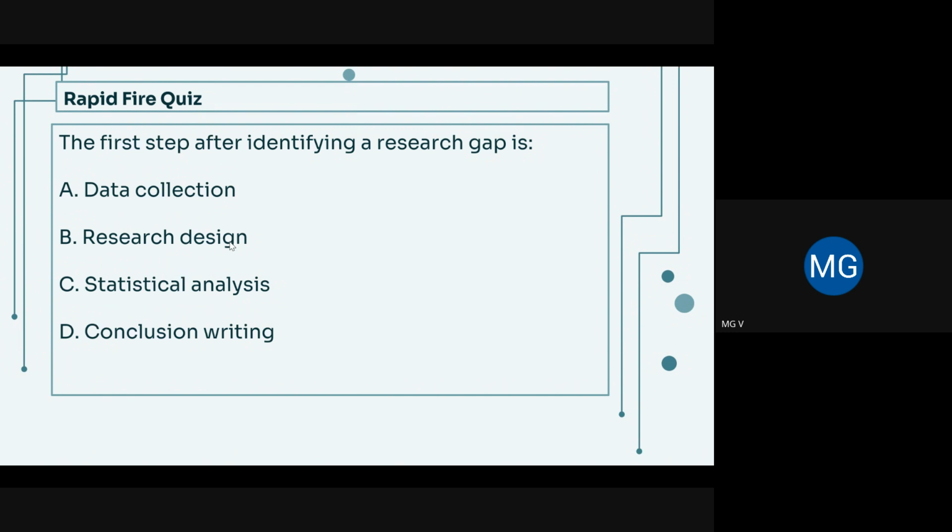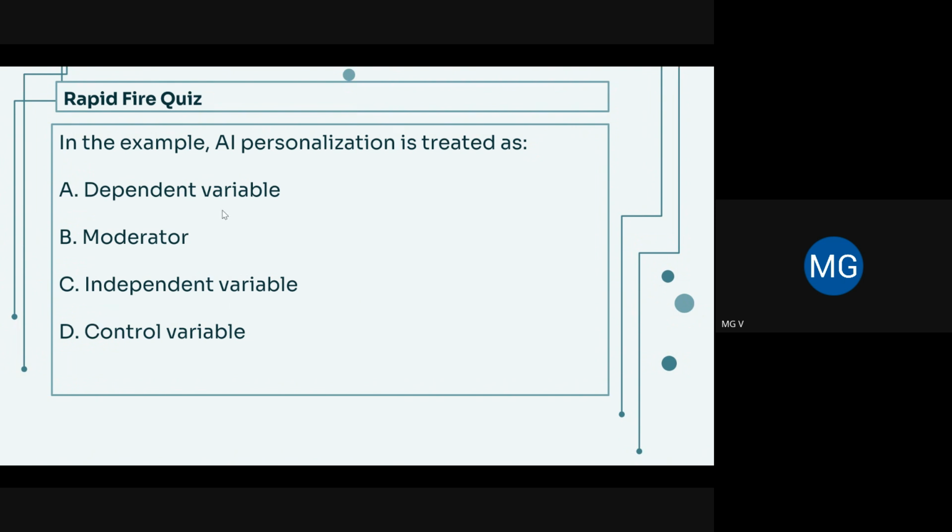The first step after identifying a research gap is, I hope you know the answer. You can either speak or write in the chat. First step after identifying a research gap. It is very right, sir. It is B, research design. Thank you so much. In the example, AI personalization is treated as, I have mentioned it in the caselet.